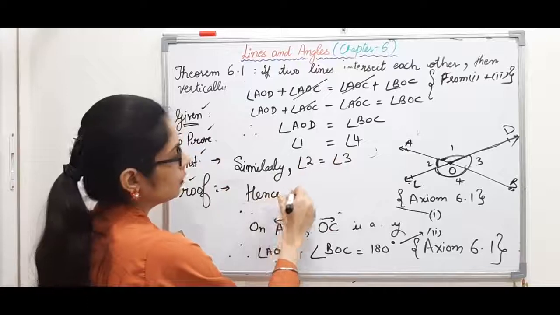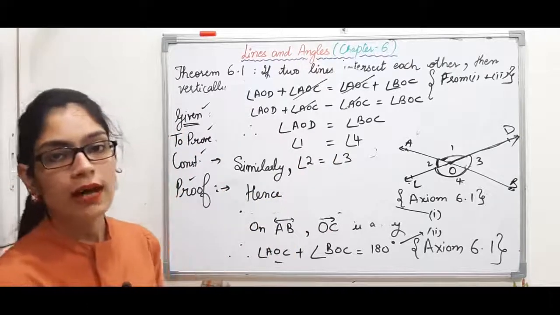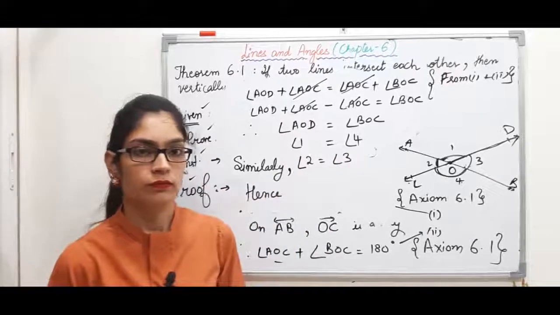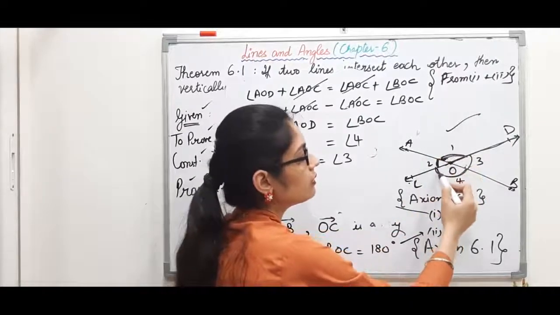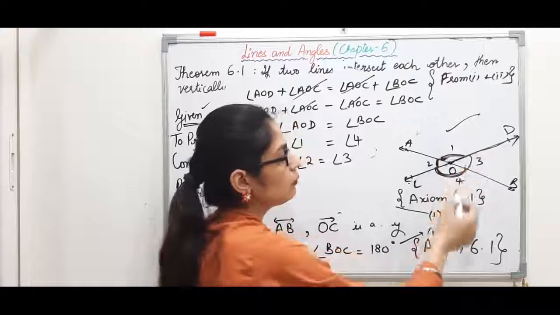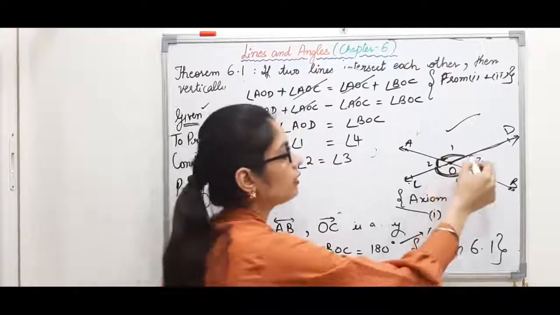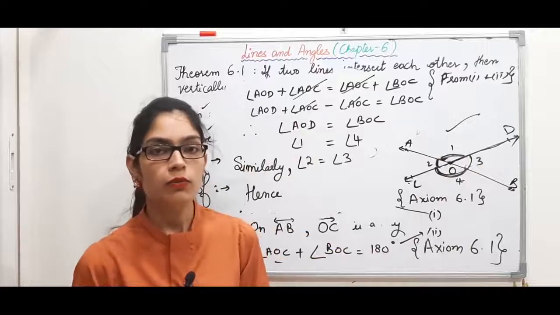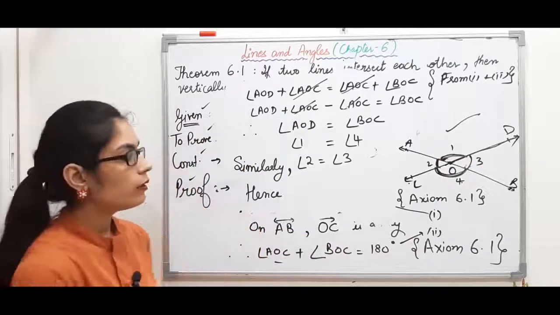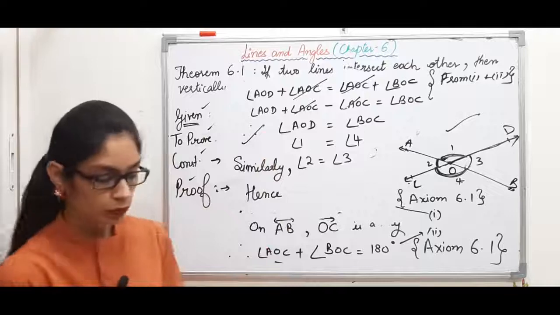Hence, vertically opposite angles are equal. This result, that vertically opposite angles are equal, we can use in questions directly. This theorem can also come in questions. So that's why we have done the proof of this theorem.